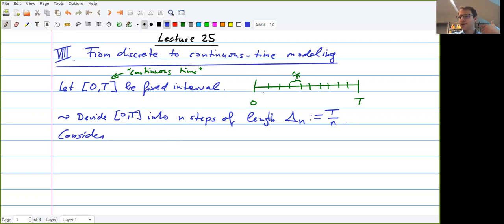So I have basically a continuous world, but say I can only trade at these fixed time steps. And n is of course here a natural number. And now we want to consider the corresponding binomial models.